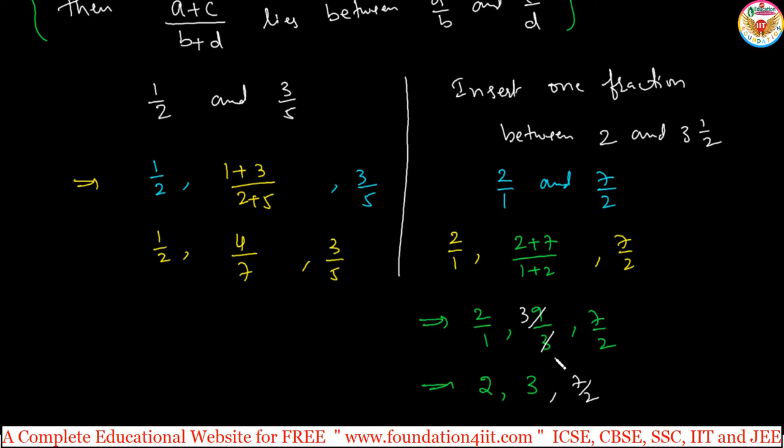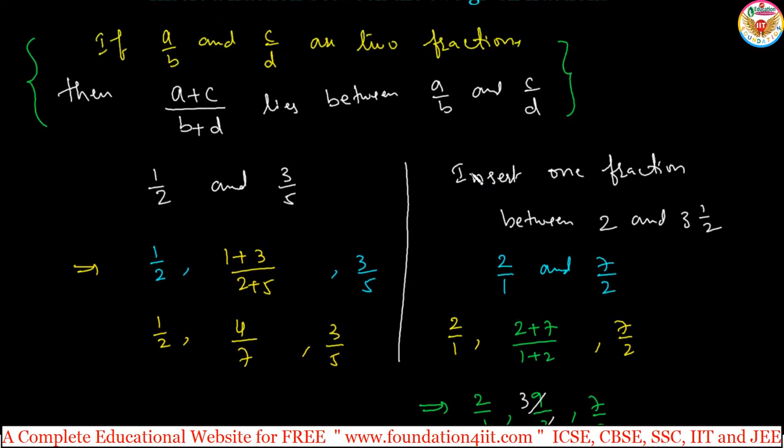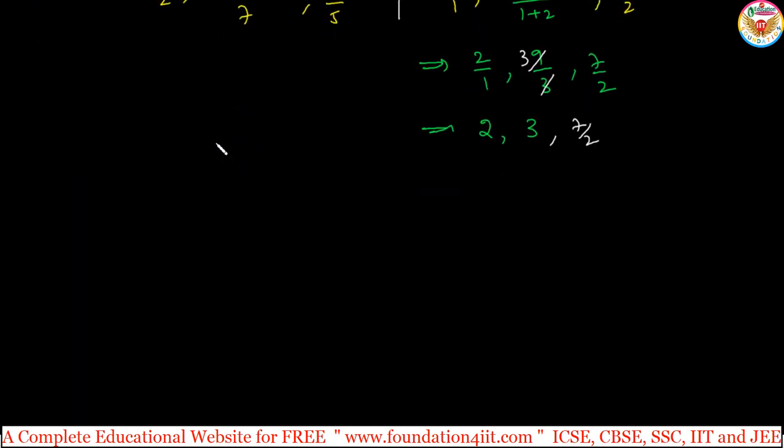Just to find a number in between two fractions, you can do this process: just a plus c by b plus d, if a by b and c by d are two fractions. And if you want to insert three fractions between them, we'll do the same process.